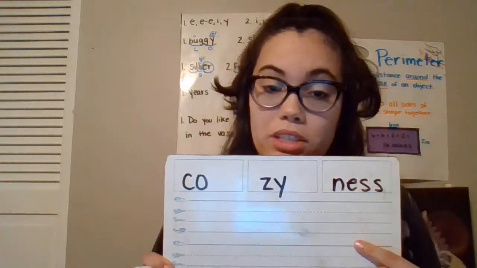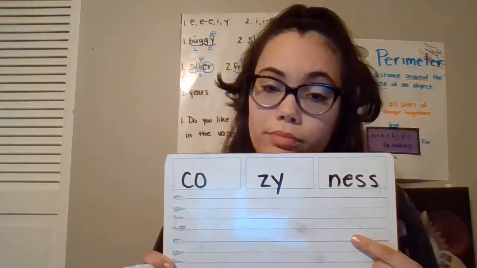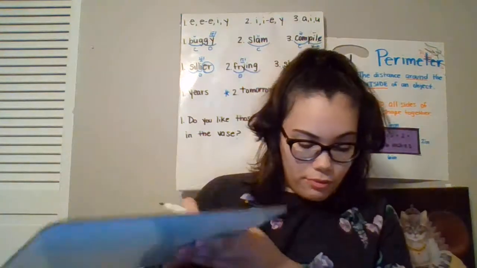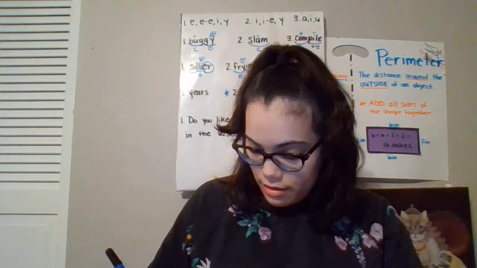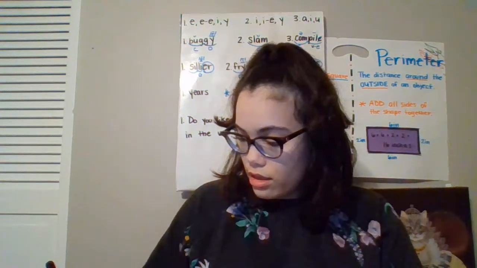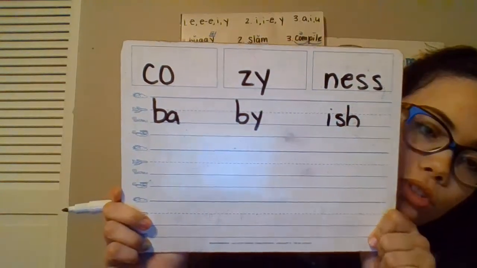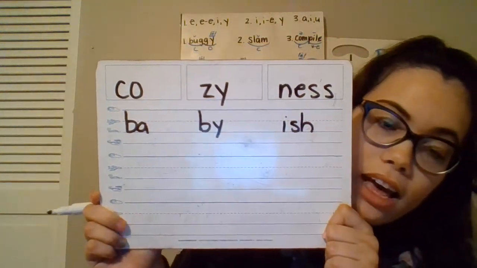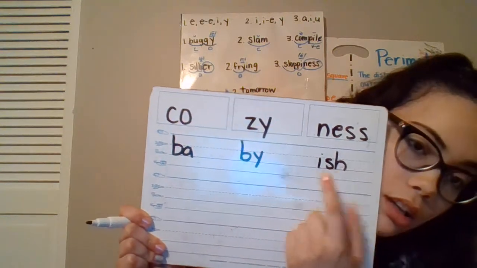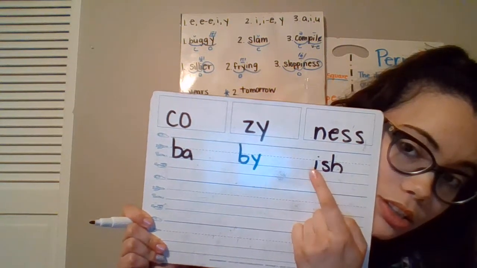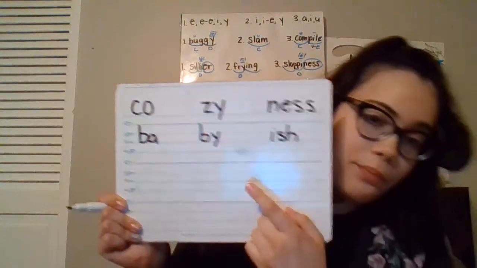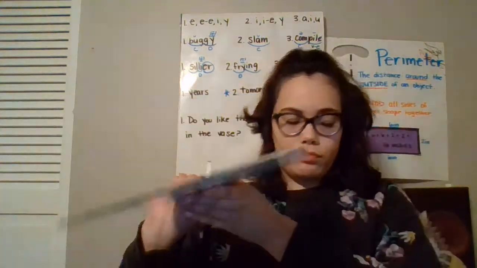Do you have to change the Y to an I? And then mark it. And then do the same thing for babyish. So spell that. Do you have to change the Y to an I? Look at the first letter of the suffixes. Okay, so mark those up.